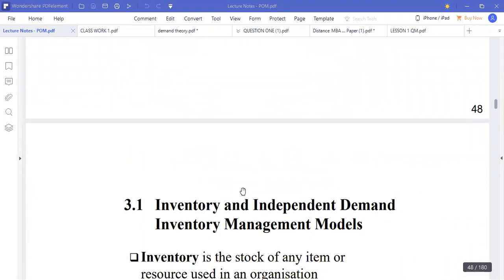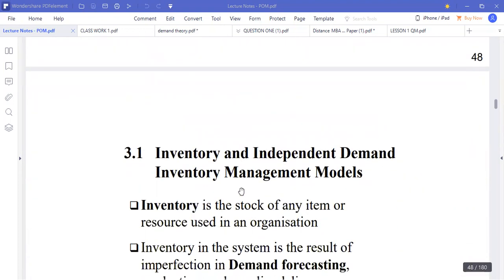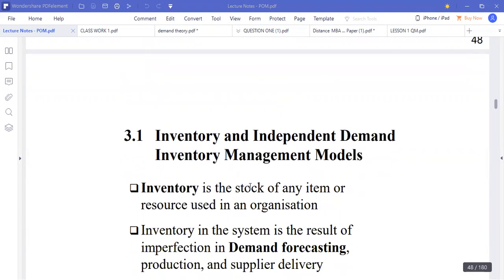Okay, so we can get down to the independent inventory management models. Of course, first and foremost, we need to understand the advantages of keeping stock. We also need to understand the disadvantages of keeping stock. So inventory simply means stock.